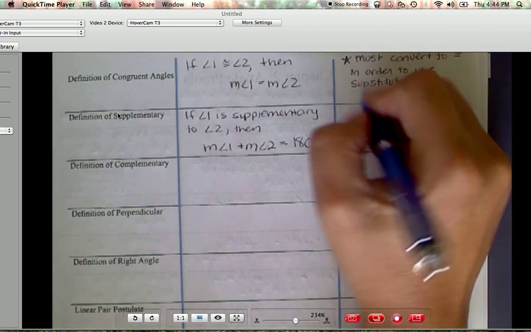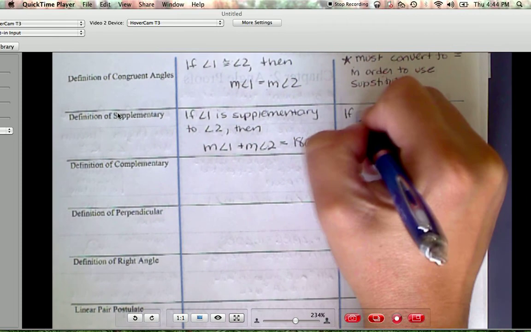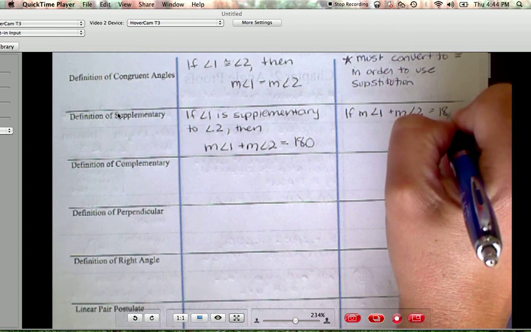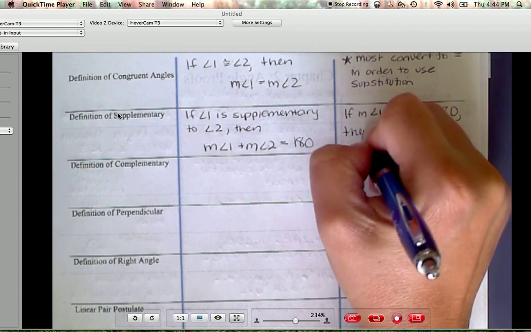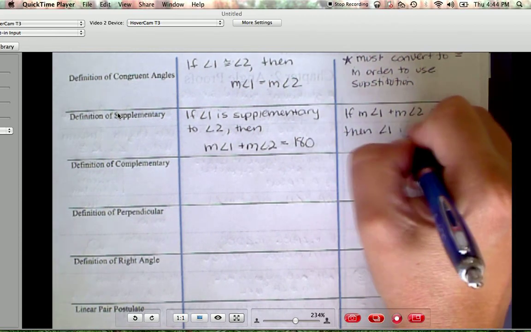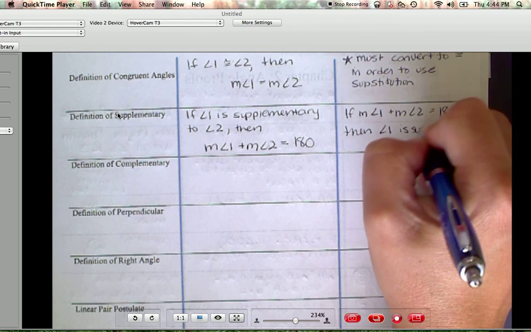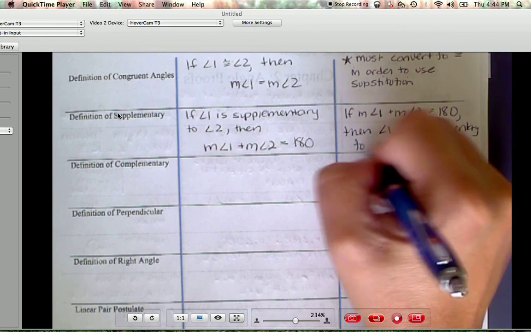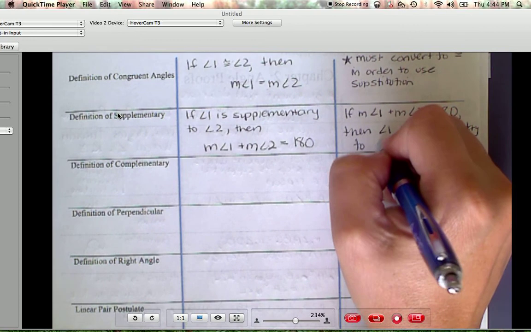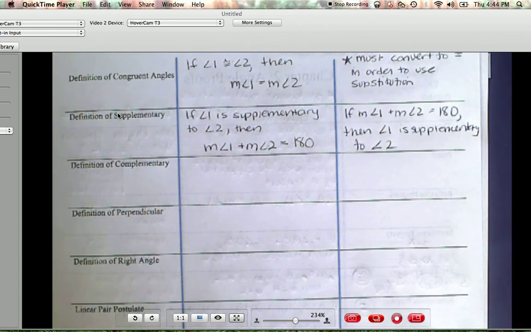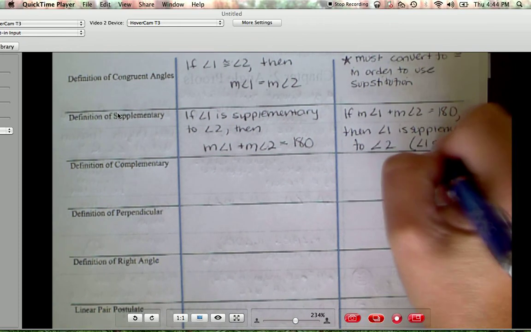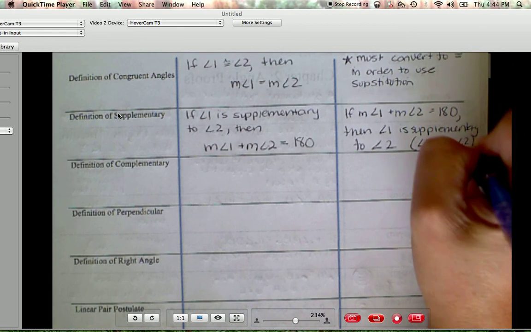So we can flip the statement. If the measure of angle 1 plus the measure of angle 2 equals 180, then angle 1 is supplementary to angle 2. Okay? Or sometimes I'll abbreviate it like this: angle 1 is sup to angle 2.